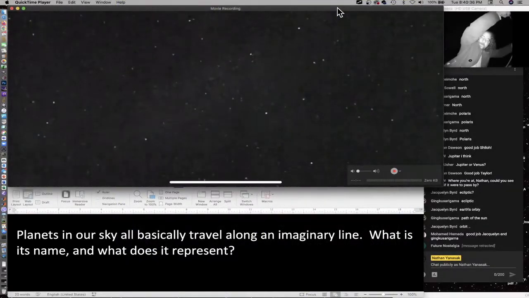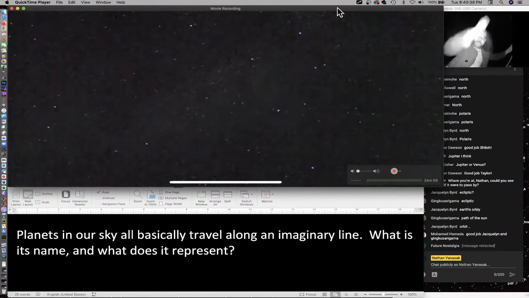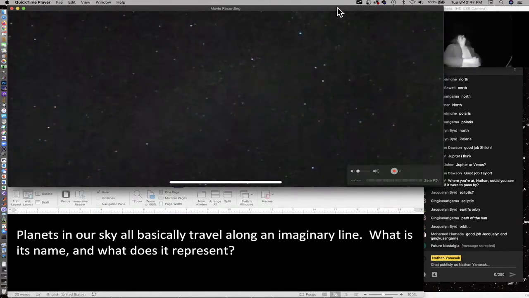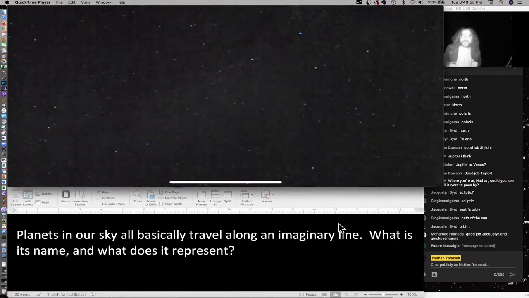See that, folks? Let me take a look. That's always fun. You guys were asking about whether you can see satellites. You see that thing right there? That's obviously a satellite of some sort going through the night sky. How about that?